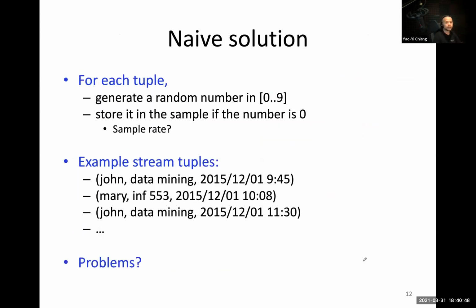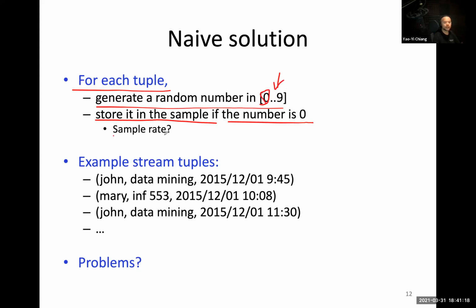So, the naive solution. Usually a naive solution doesn't work. In the naive solution, for each tuple we generate a random number from 0 to 9, like our throwing a dice or coin example. After we generate the random number, if it is 0, we store the tuple into our sample, because we want 1/10 of the stream and only care about 0.